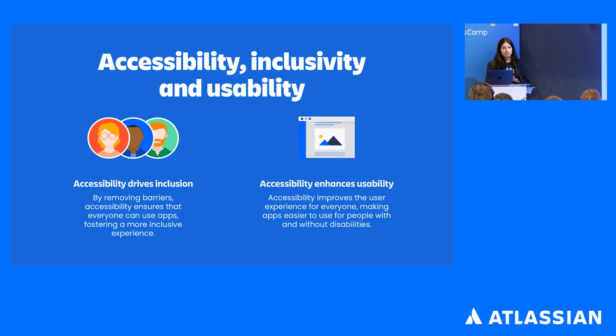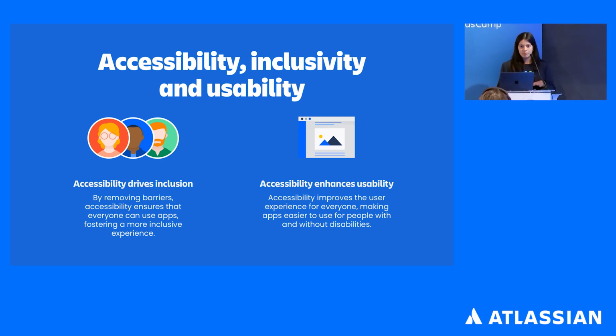So accessibility solutions don't only improve the experience for those users that need accessibility or that have disabilities, but rather it also improves the experience for all of your user base. What does this mean? Accessibility removes barriers, driving inclusion. Thinking about accessibility solutions doesn't only help, for example, people that need screen readers, but also people that need to select text from your app because they need to translate it, or people with different learning preferences, or keyboard users that simply like to use keyboards.